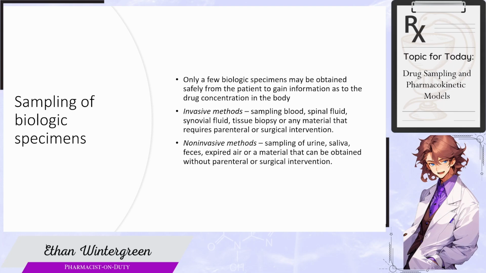So samples of this is your blood collection, sampling of spinal fluid, tissue biopsy, or any material that requires parenteral or surgical intervention. For our non-invasive methods, these are those that need not penetrate the skin. So these are usually our waste products from the body, like sampling our urine, saliva, feces, expired air, or any material that does not need puncturing of the skin or any surgical intervention.